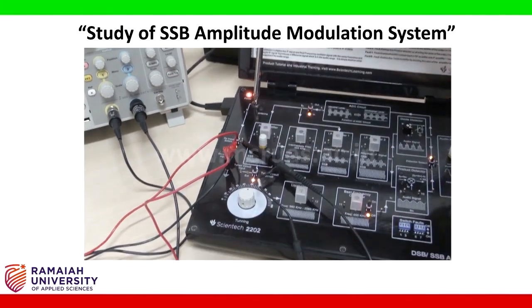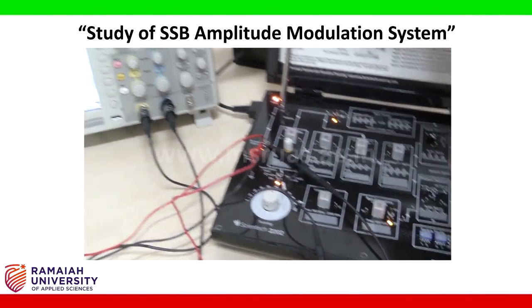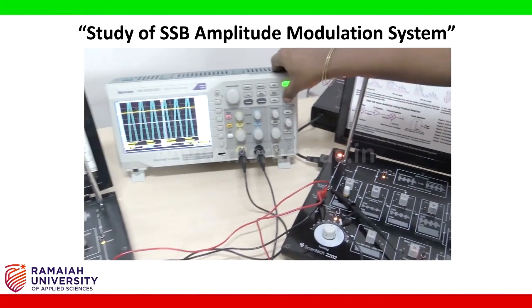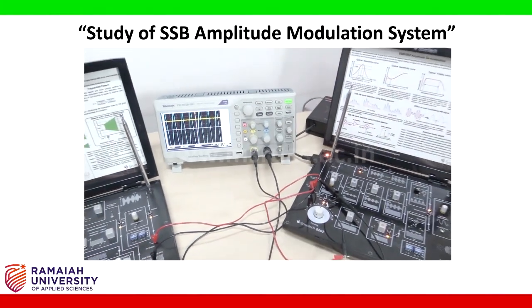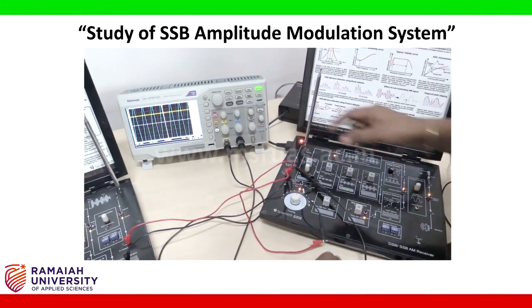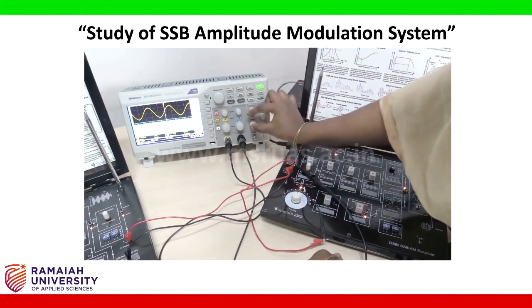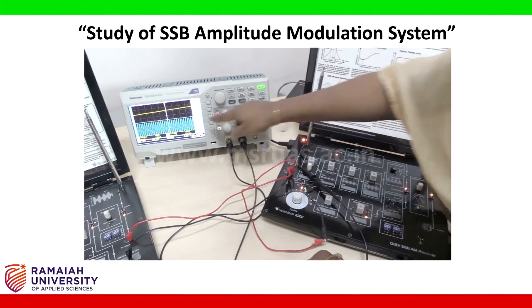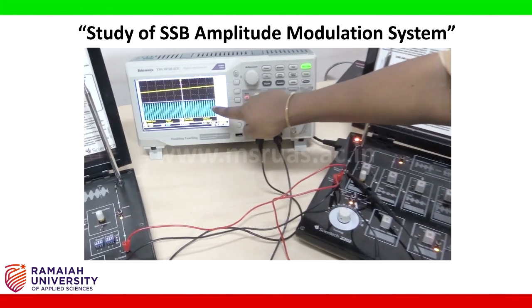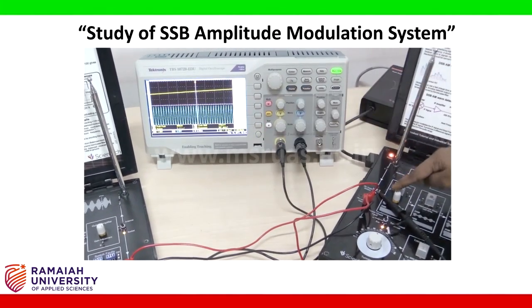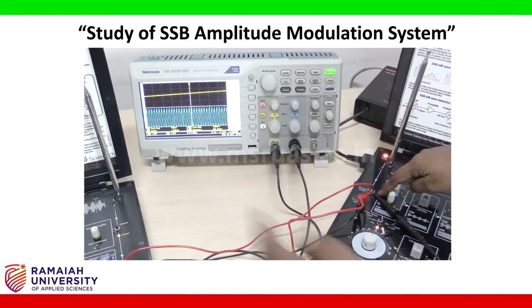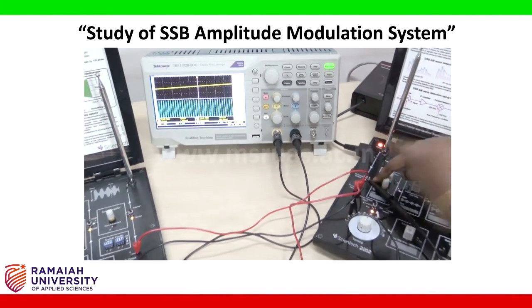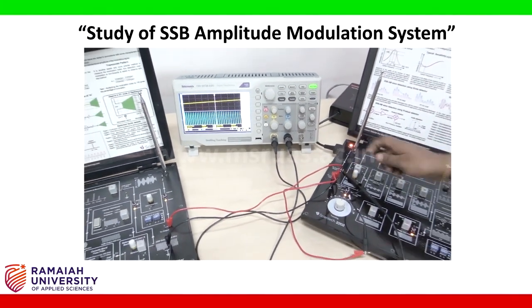Now we will release the run stop which we pressed earlier and press auto set. You can adjust the scale. You can see that the SSB modulated output, which is a sine wave, is available here now. So the output of the transmitter is successfully given to the input of the receiver.